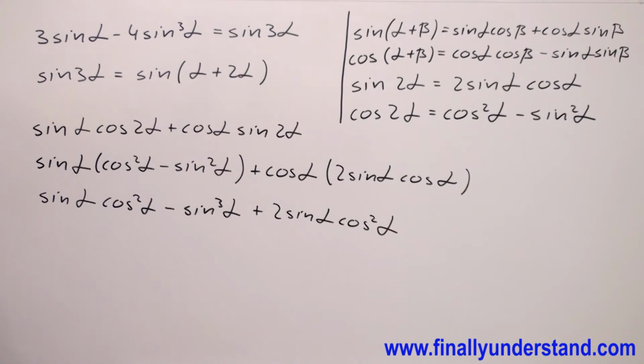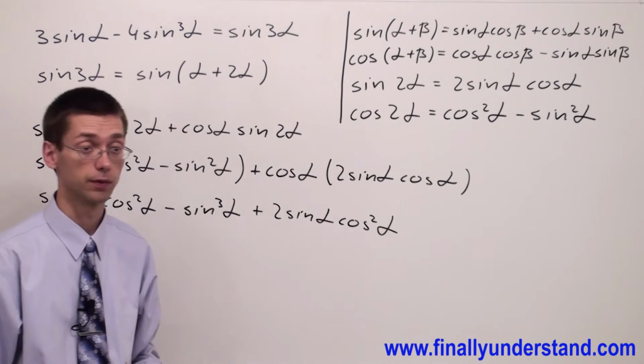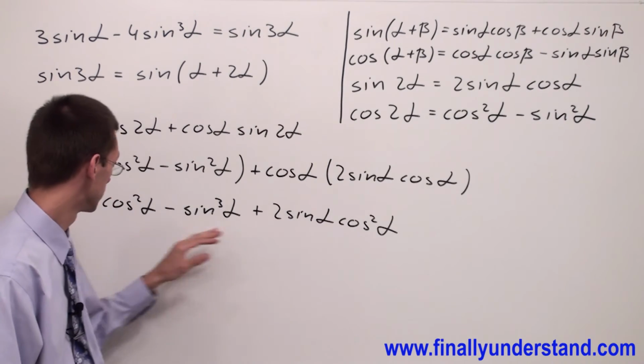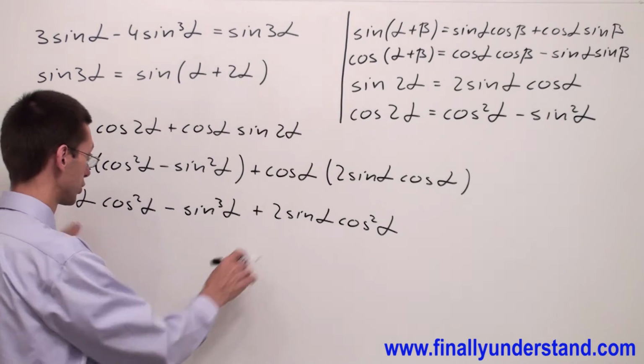Next, you're supposed to look at the original problem, especially at the left side. We do not have any cosines over here, right? So that means we have to eliminate cosine from this expression.